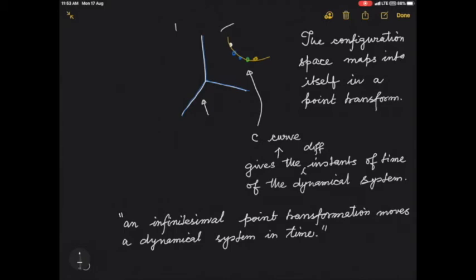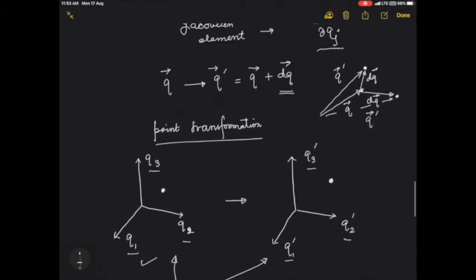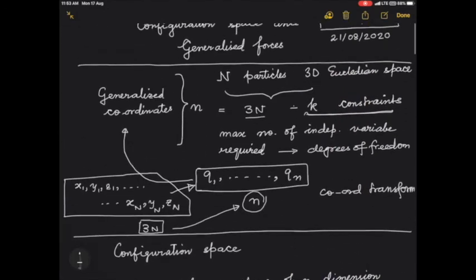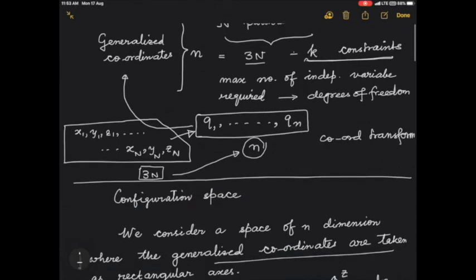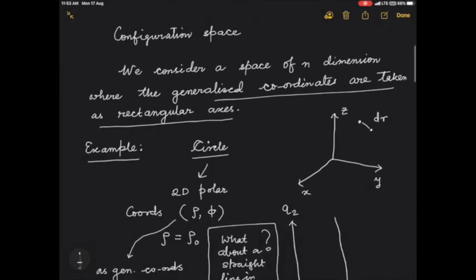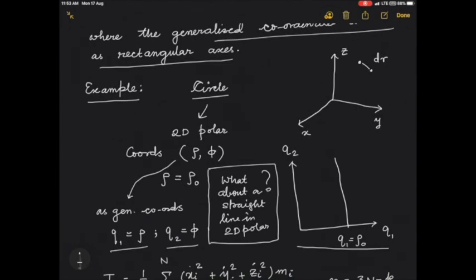But that is all that we wanted to talk about regarding configuration space. And you see that it's not a very simple concept. Let me go back and revise a little bit. We defined it as an n-dimensional space where the generalized coordinates are taken as rectangular axes, and we saw that it can have very weird geometry.